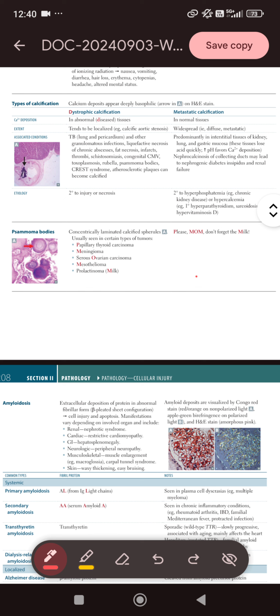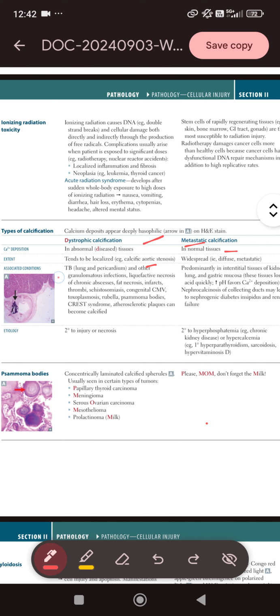Now for the conditions which basically come in the questions, we can see dystrophic calcification in TB, other granulomatous infections, liquefactive necrosis of chronic abscesses, fat necrosis, infarcts, thrombi, schistosomiasis, congenital cytomegalovirus, toxoplasmosis, rubella, Psammoma bodies, CREST syndrome, and atherosclerotic plaque can become calcified.